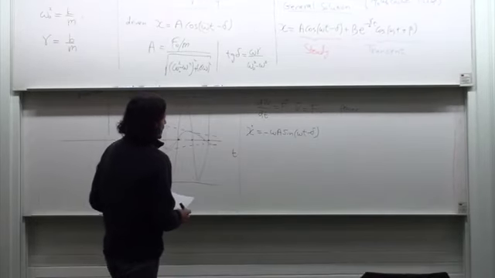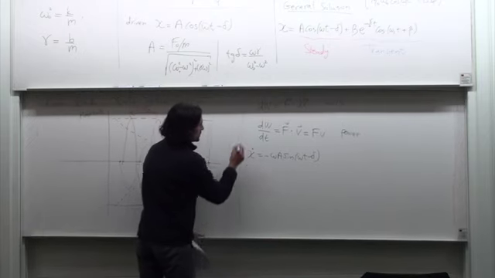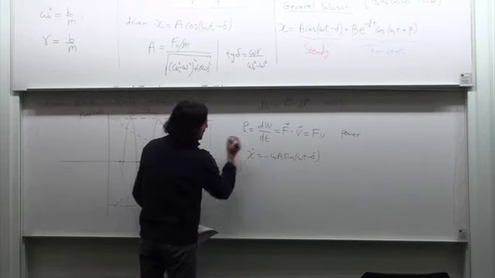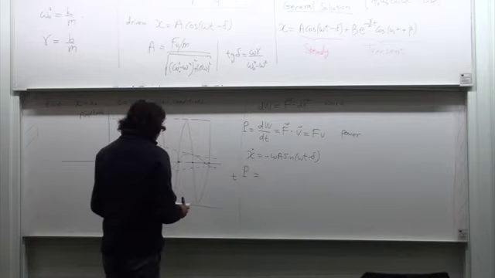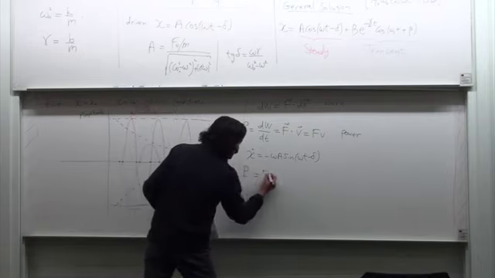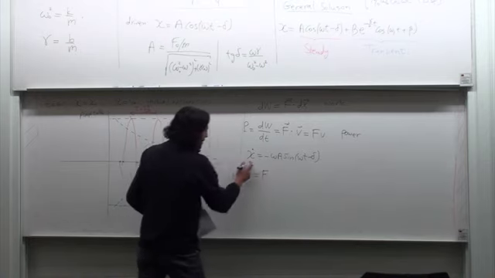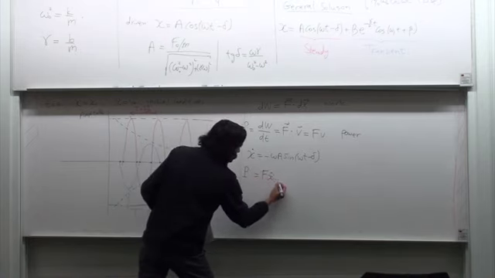So now we can write for the power P equals F times v, and v is x dot.